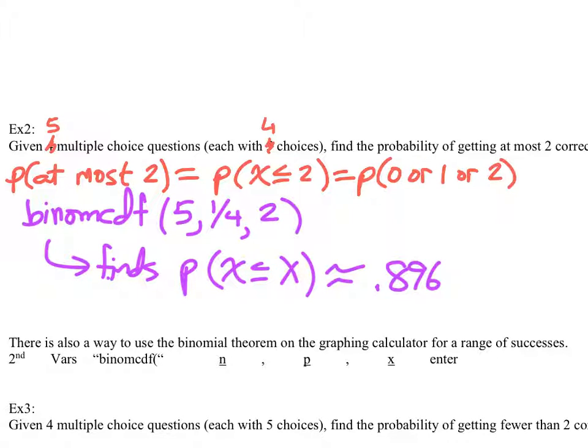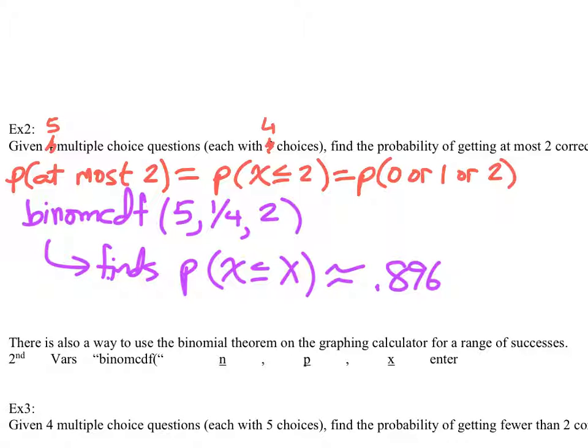All right, and so that's what this is detailing here, right? Because the alternative is to go into your stat editor after you have the distribution and add these three probabilities together. 0, 1, and 2.